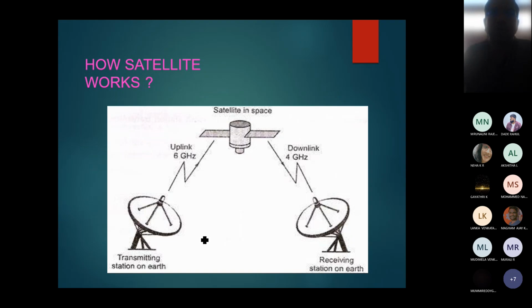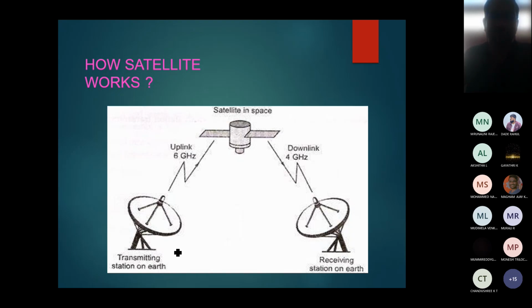Like all the base stations that we have installed everywhere on the surface of the earth, this microwave repeater is not installed on the surface, but is rotating around the earth in its own orbit. And there are many ground stations which are communicating with the satellites.